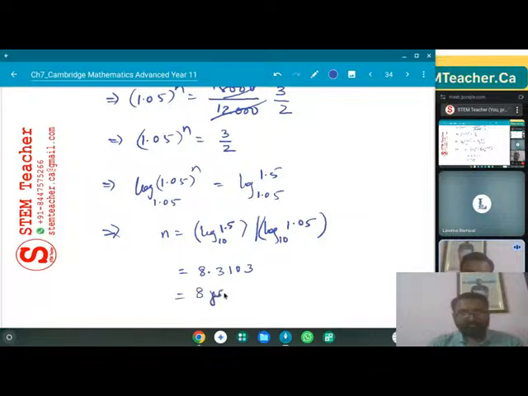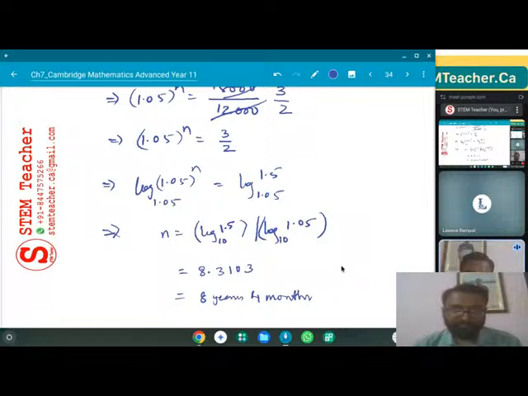0.3 means one third, 4 months. Approximately 8 years and 4 months. I am not writing 3 months because 3 is a decimal, 4 is a third of the year.